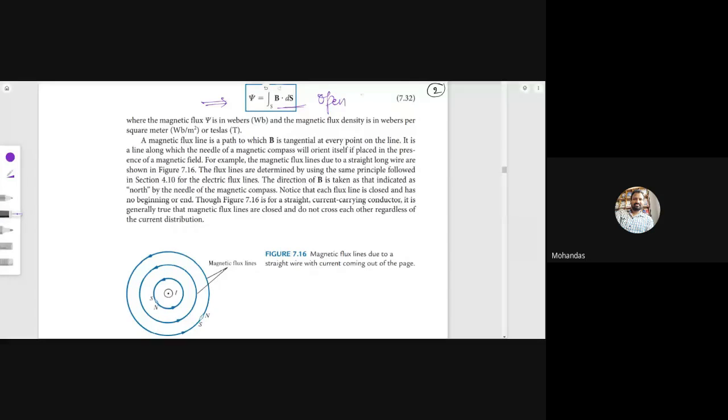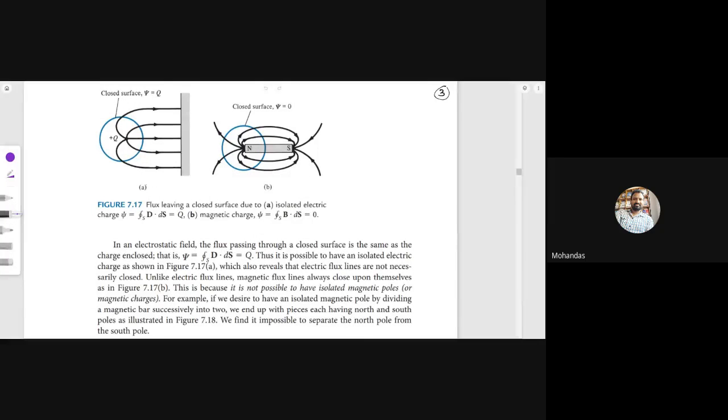Remember this, open surface area. Now, if I take a closed surface, let me take a closed surface here.